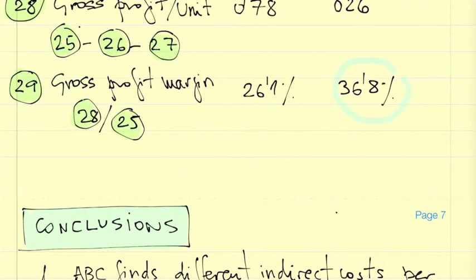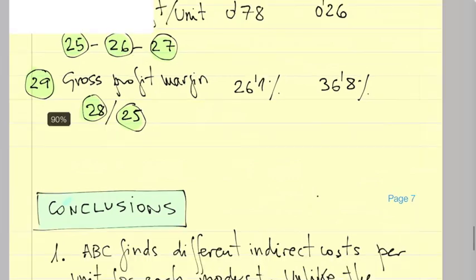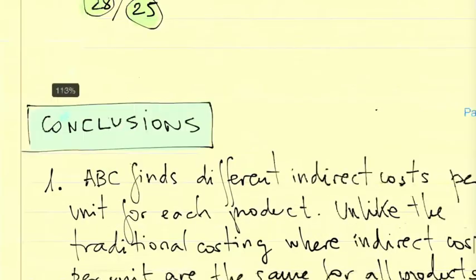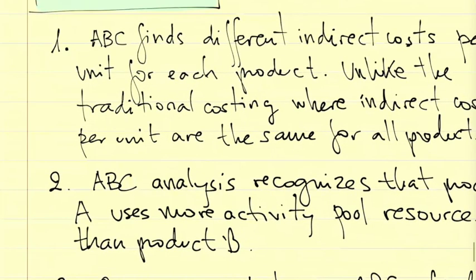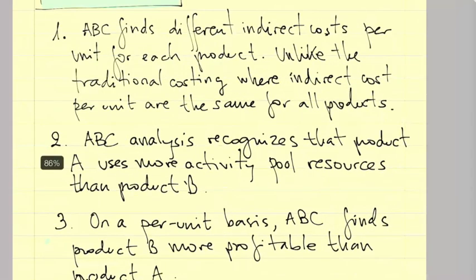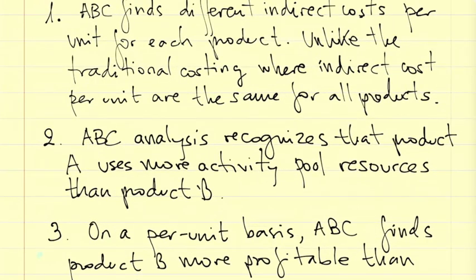I have a bigger gross margin. I earn more money with product B than with product A. Any question?